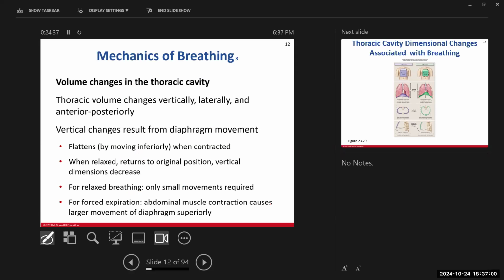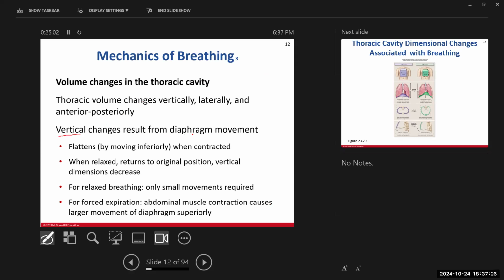Your ribs, when they elevate out, will get wider. And then you'll also see from front to back your chest will expand. And then when the diaphragm drops down, it's going to increase your thoracic cavity from the inferior and superior dimensions there. So let's start off with what we see vertically.